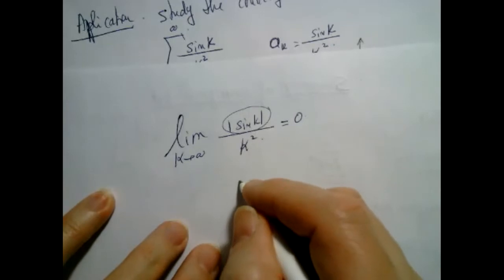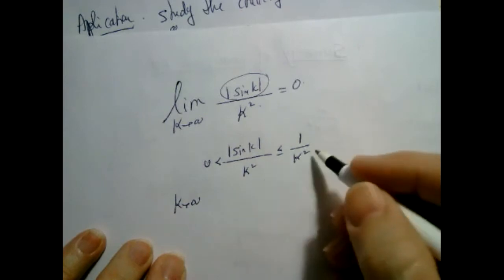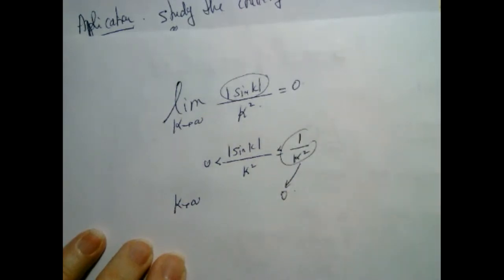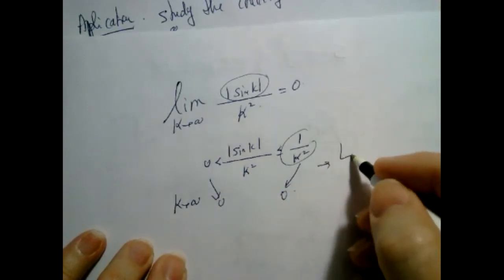So the sine of k is less than 1, divided by k squared. When k becomes very large, this will go to 0. It means the sine k over k squared will be close to 0.